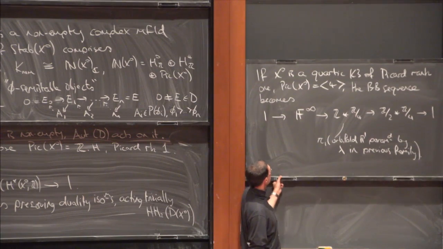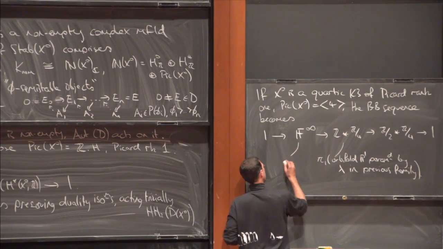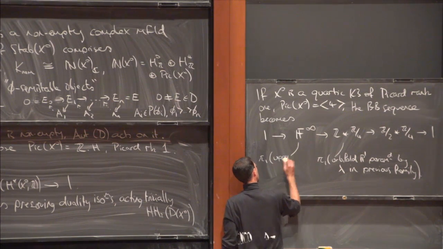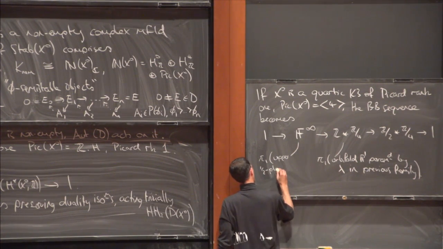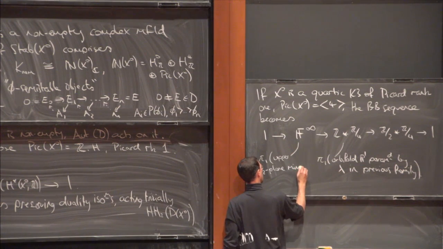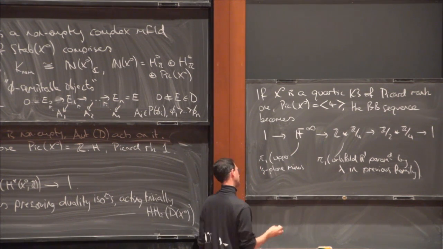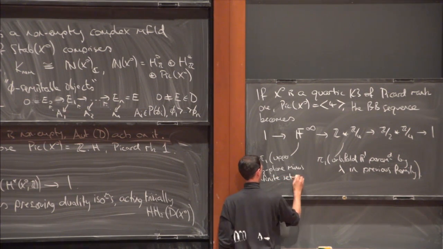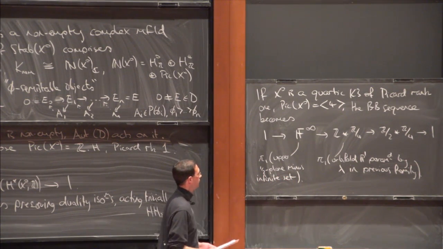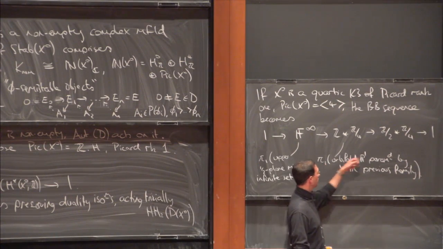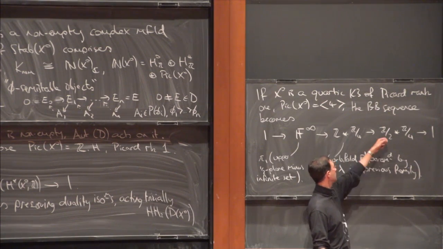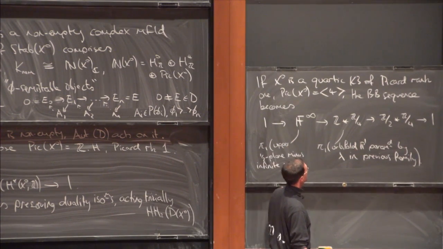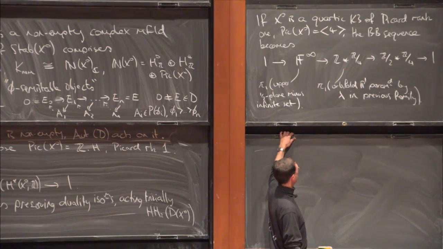I should maybe say that this is pi1 of the upper half plane minus an infinite but locally finite set of points. Once you understand what this is and you see that this is the natural map, it's not hard to see that the kernel is an infinite rank free group.